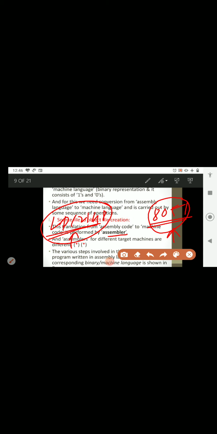And one more important point: if you consider the LPC2148 target processor, there are many assemblers available from many market players. In the market there are many developers who design assemblers for the same target processor.